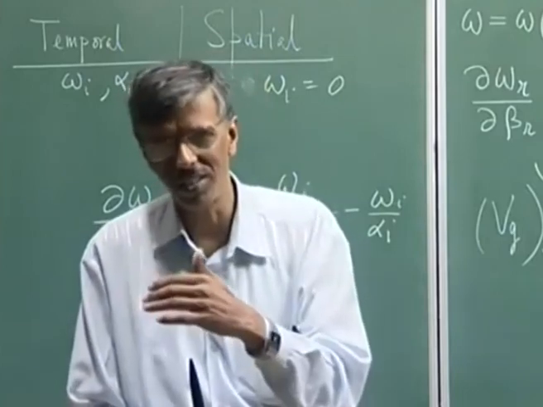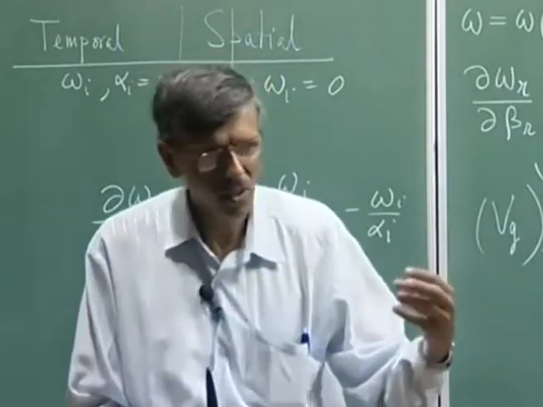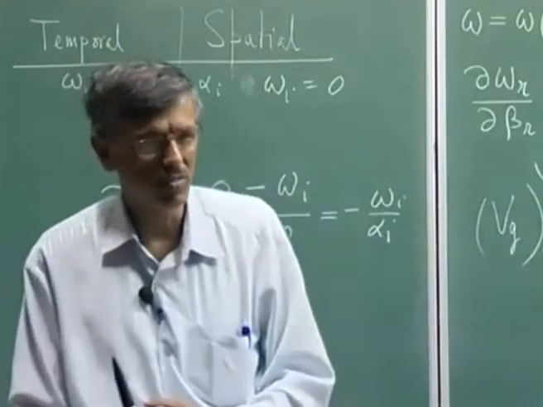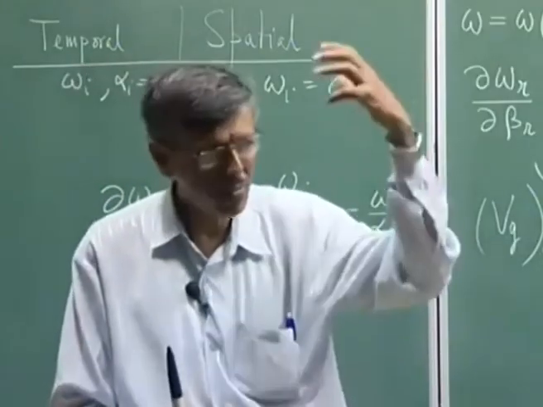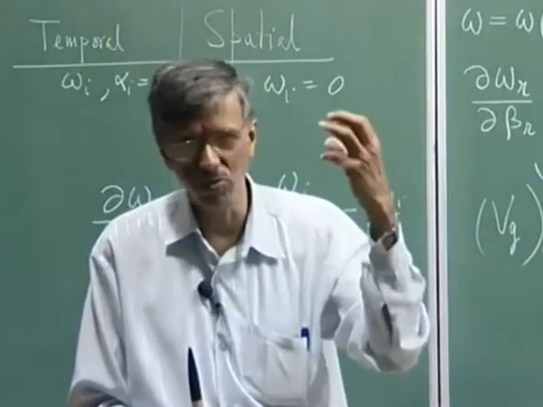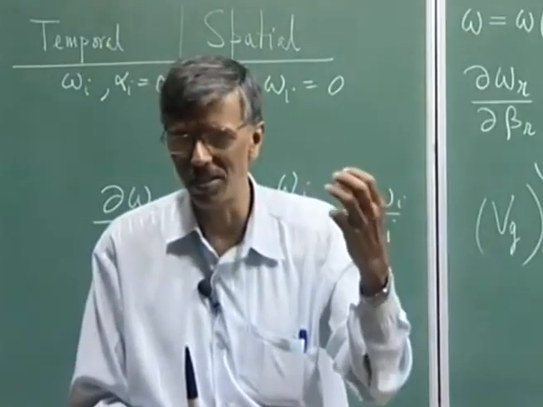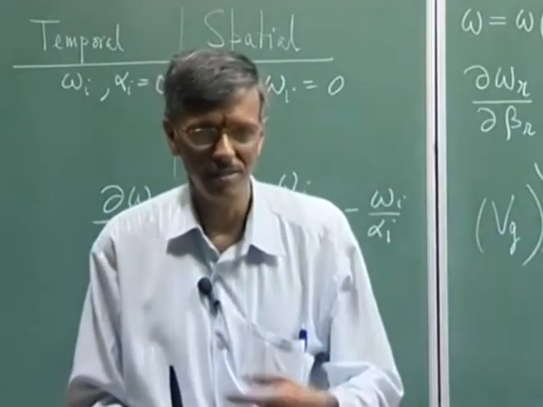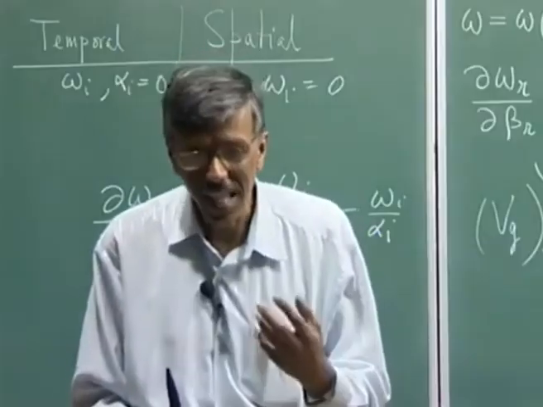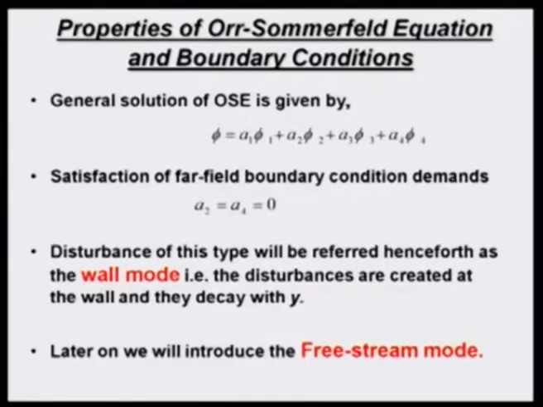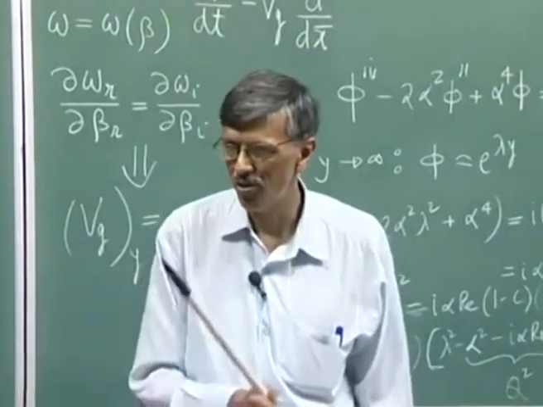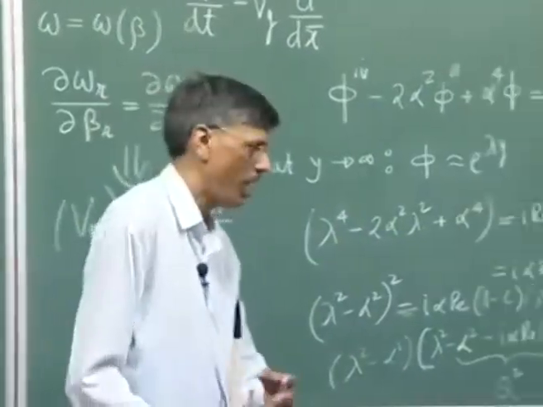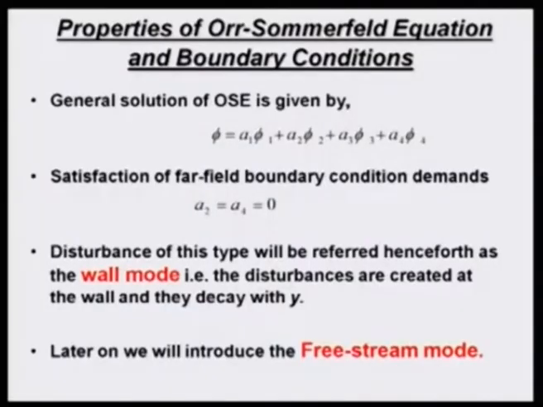When it comes over the stator, these vortices are not immediately ingested inside the boundary layer, but they remain outside the boundary layer, and those vortices originating from the stator, as they convect over the rotor, they create instability. That is a scenario which you would call the free stream mode. Okay. So, there the disturbance resides in the free stream, and you want to find out what it does inside. We will have a lot of discussion on this as we go along.